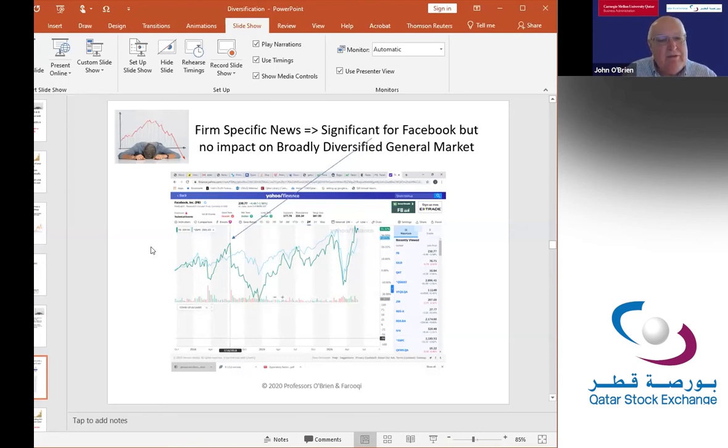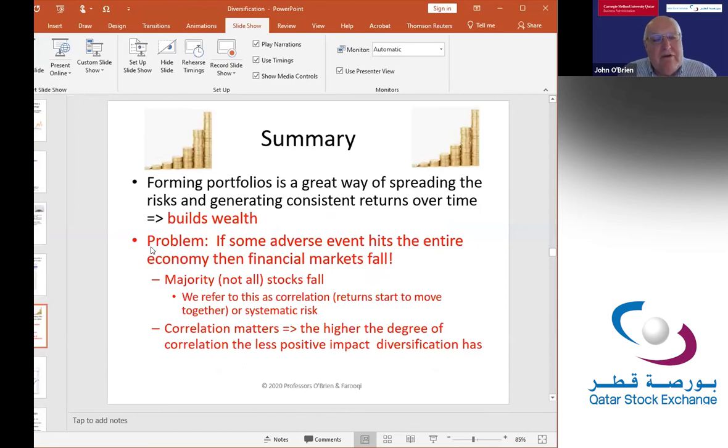unnecessary unsystematic risk. So forming a portfolio is a great way of spreading the risks and generating consistent returns over time, which is our goal, to build wealth. And even if some adverse event can be highly significant, I mean, the market really did respond to that Facebook one.